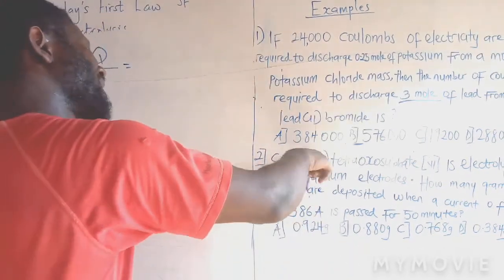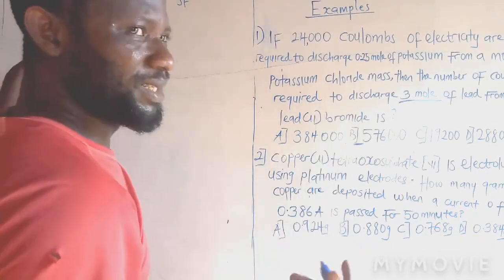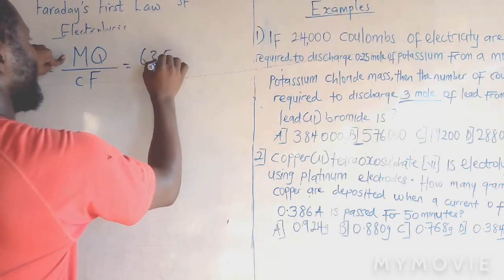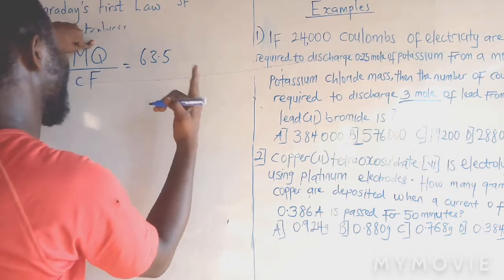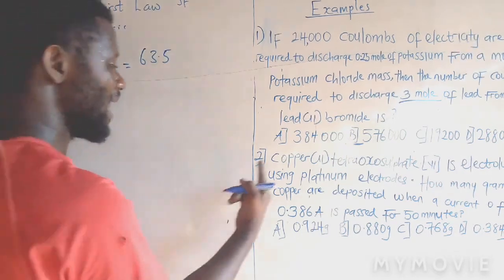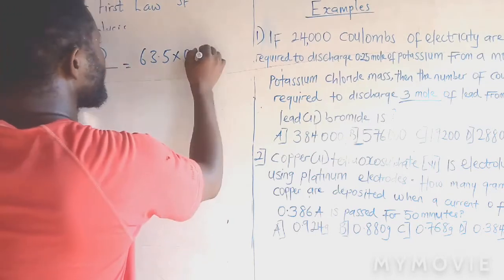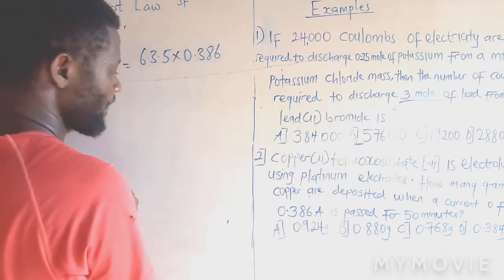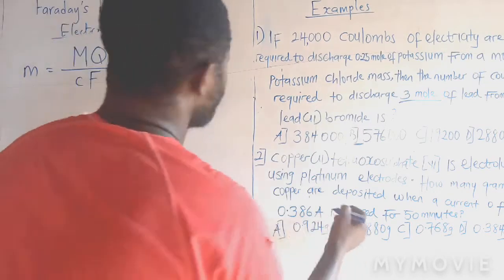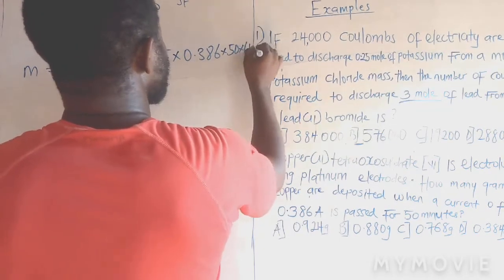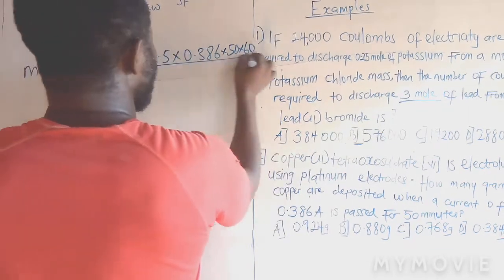So the molar mass of copper should be 63.5. So I have 63.5. Q is equal to IT from our physics, and we are given current here. So multiply by 0.386. Then multiply by time, which is 50 minutes. That will be 50 multiplied by 60 to convert it to seconds.